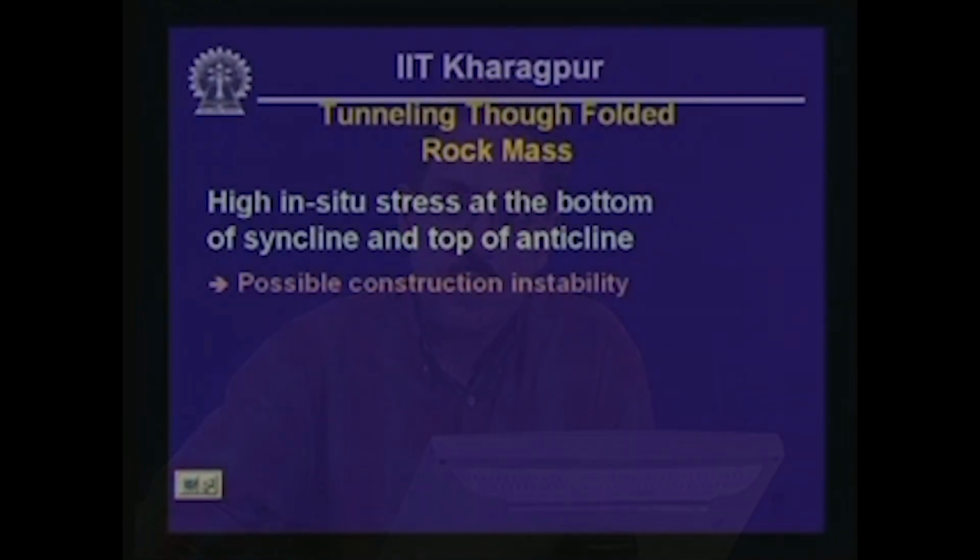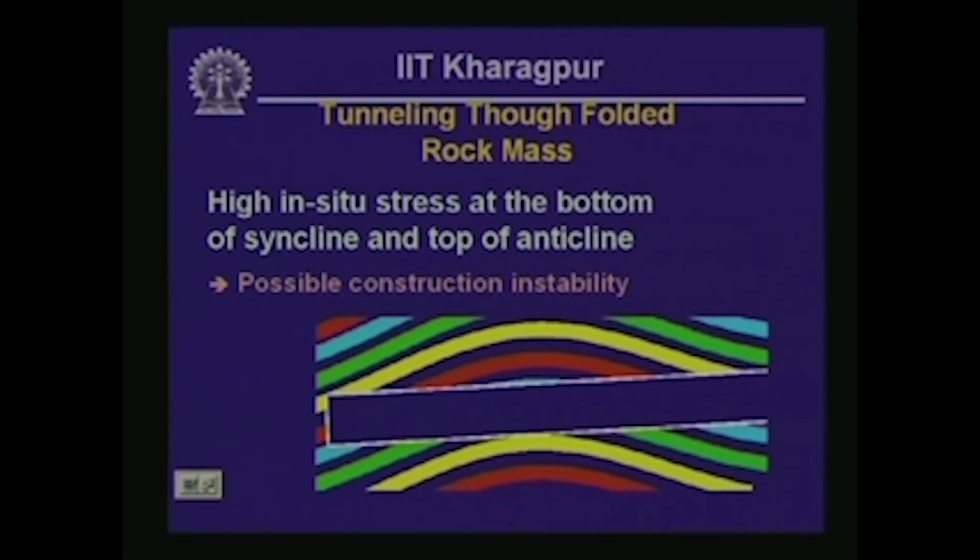Now, what is going to happen? Let us say you have a tunnel being constructed through a fold of the type shown at the bottom right of this slide. If you recall your previous lessons, this type of fold is in fact an anticline.